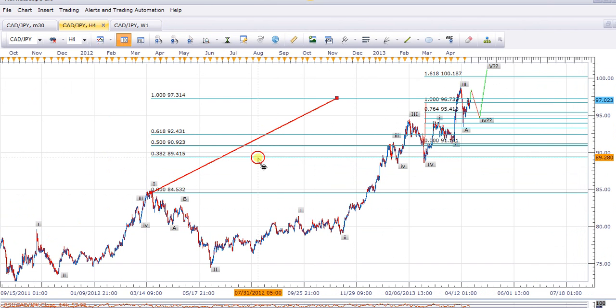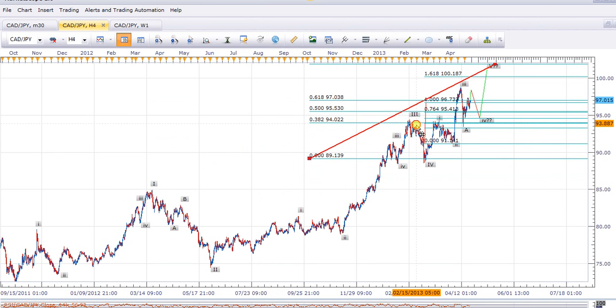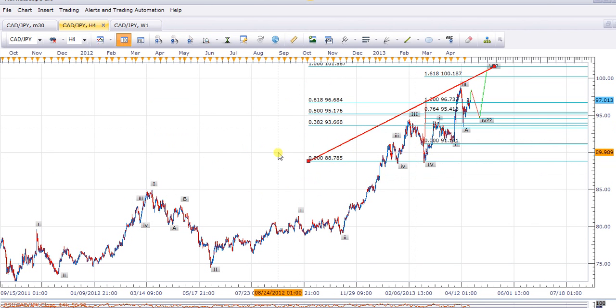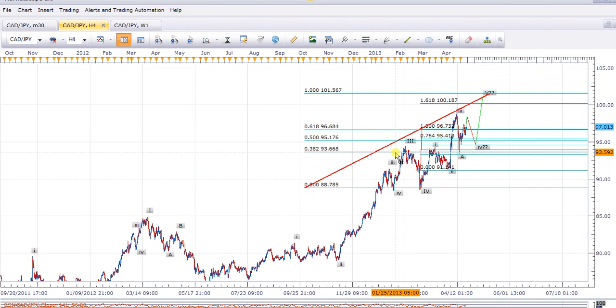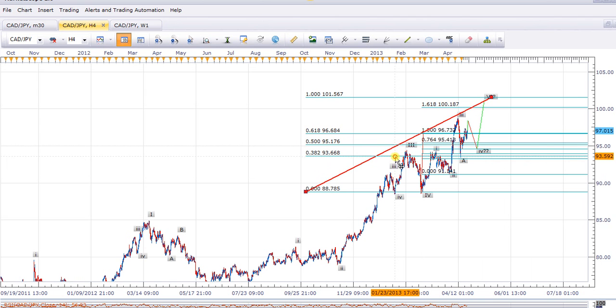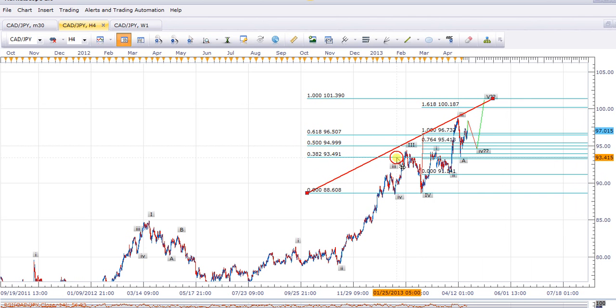As we move these fib levels over, we see that our target would then be a little over 100. It would be 101.39.